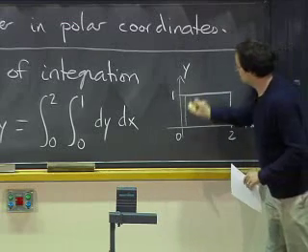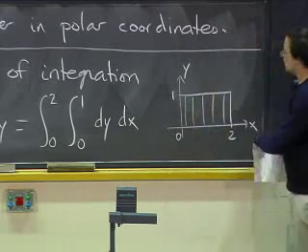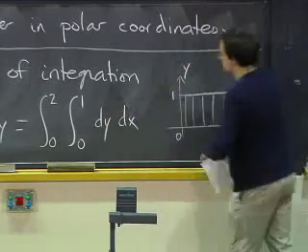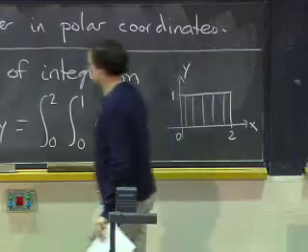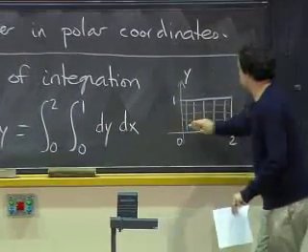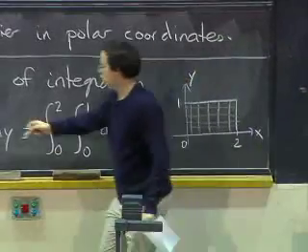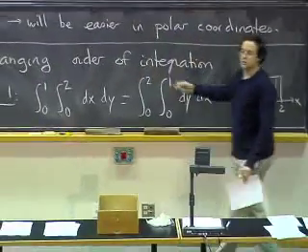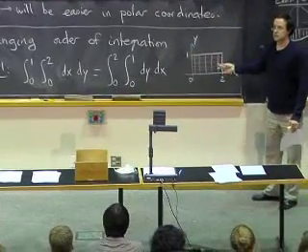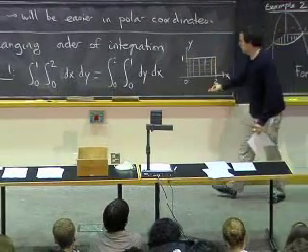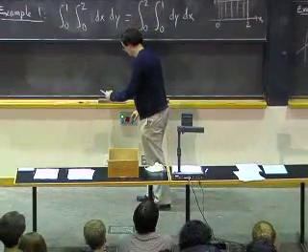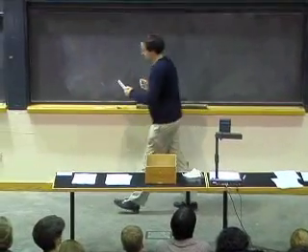So if I slice it this way, you see that y goes from 0 to 1 for any x between 0 and 2. It's this guy. If I slice it that way, then x goes from 0 to 2 for any value of y between 0 and 1, and it's this one. So here it works. But in general, I have to draw a picture of my region and see how the slices look like both ways. Okay, so let's do a more interesting one.